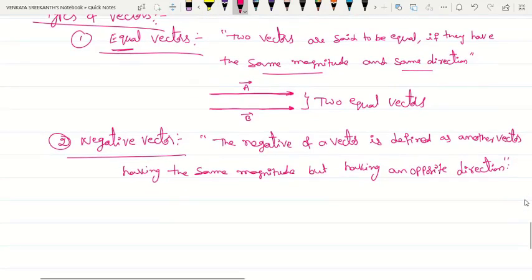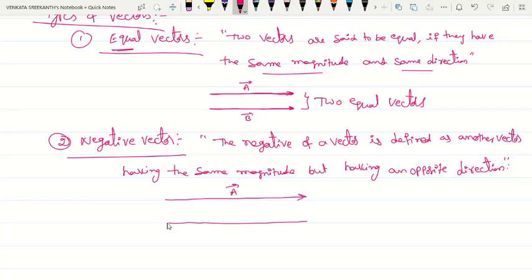So, my dear students, please concentrate here. If I give you one small example, I am considering a vector A. This vector A has a certain magnitude and a specific direction. But I am drawing another vector in this direction, B bar equal to minus A bar.